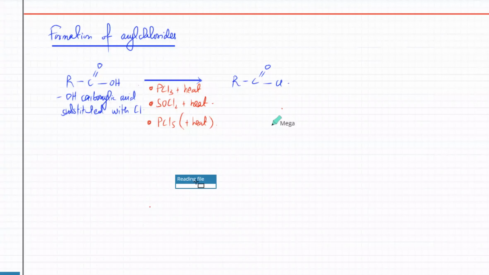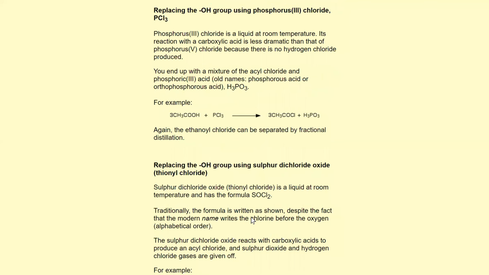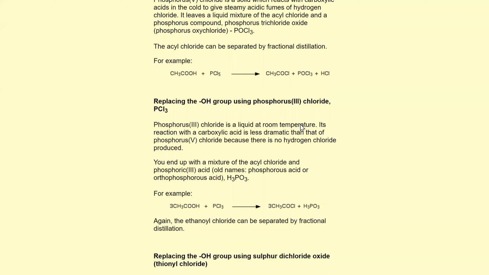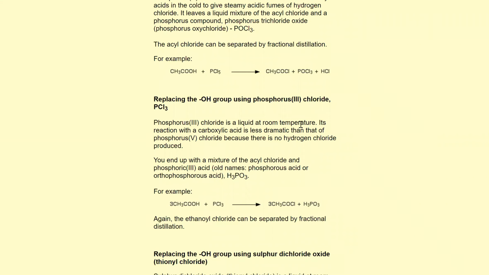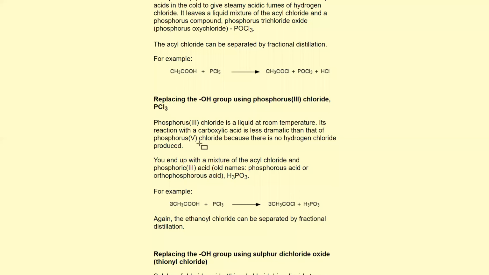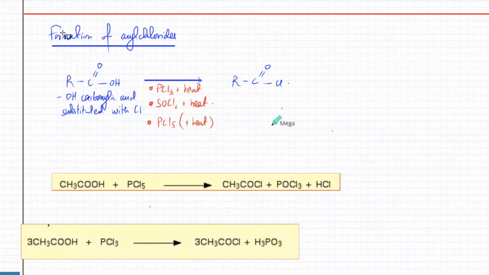So this is the actual equation. And there's another one with SOCl2, which is, no, that's still with, that one was PCl5. This one is with PCl3. It's kind of an impossible task to remember these equations, but you should know at least the minimum. It's very rare that they're going to ask you about this.